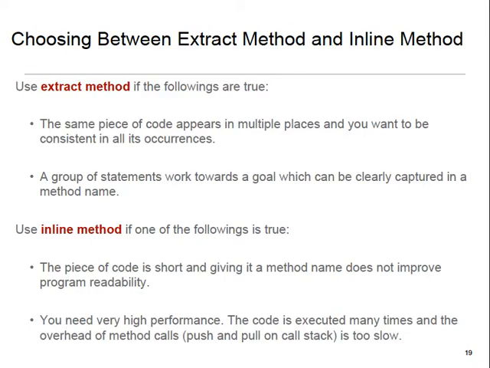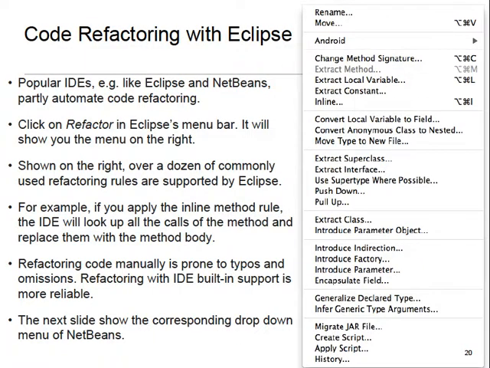Okay, we are almost done. Since we're running out of time, I won't read this to you, but you can read it. We said an IDE or software engineering tool helps us do the work. Here in the Eclipse IDE, you can find this menu showing rename, move, extract superclass, extract interface, push down, pull up, extract class.